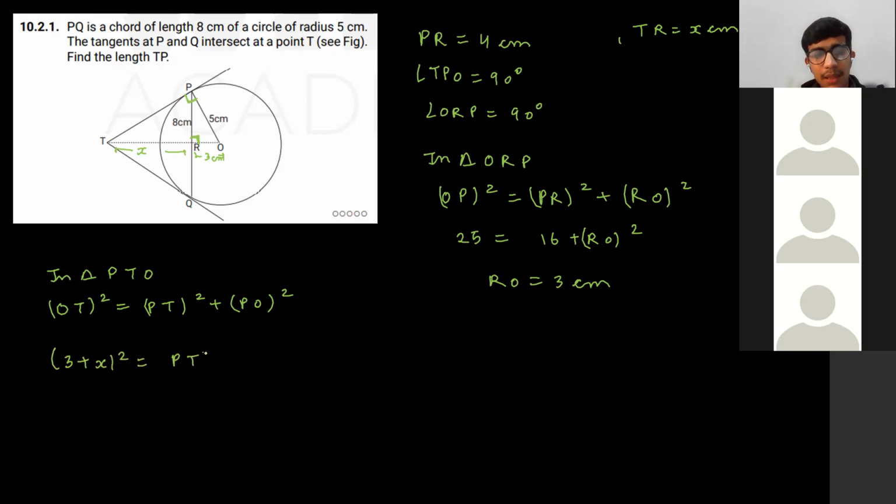We don't know PT because that is what we have to calculate. PO we know, that is 25. So we have one equation from here, that 3 plus X the whole square is equal to PT square plus 25.